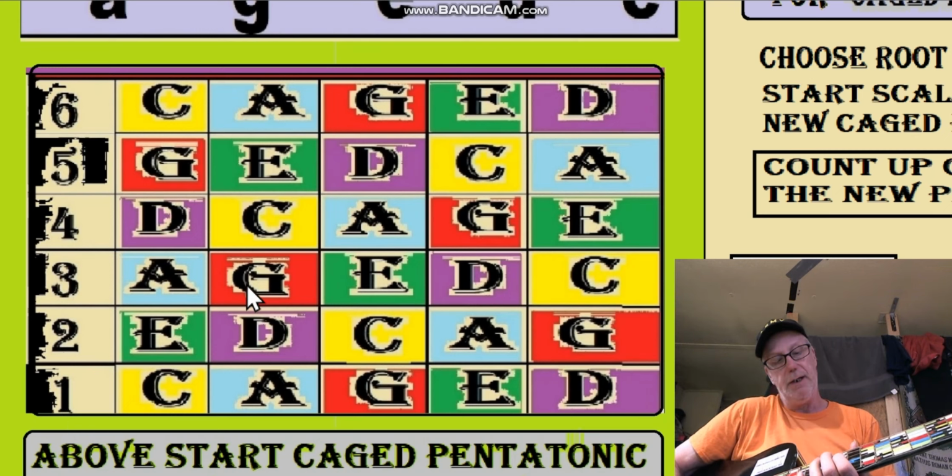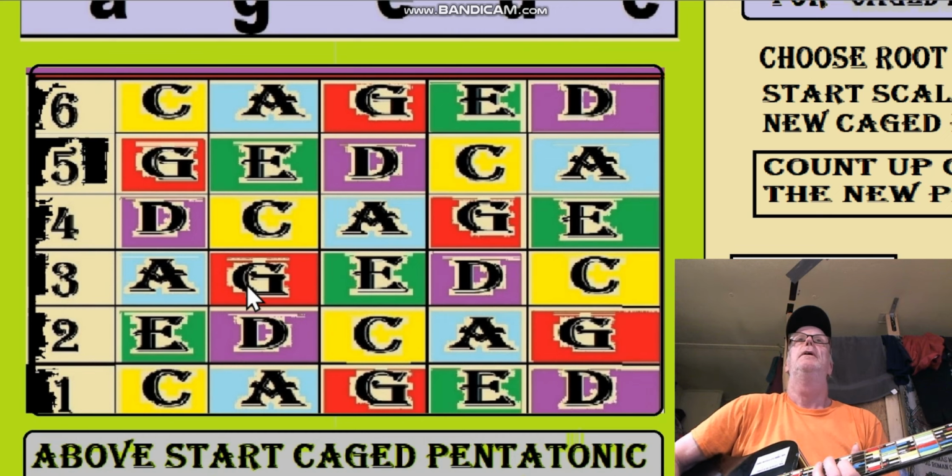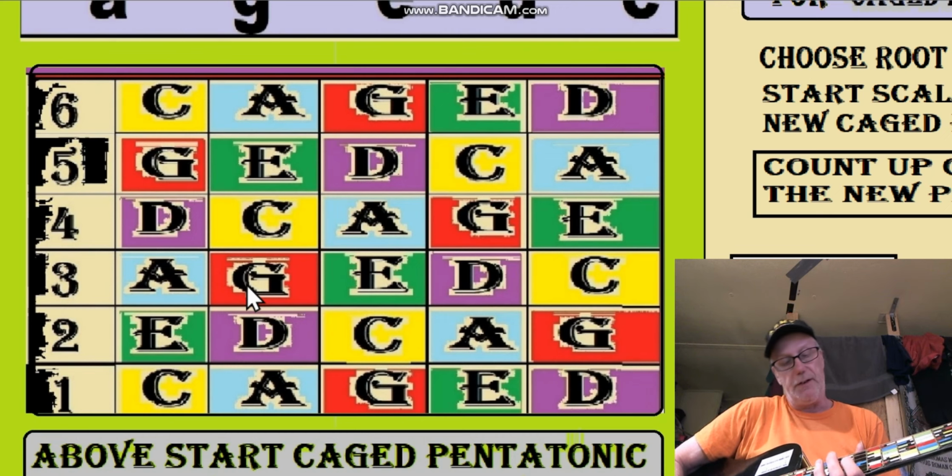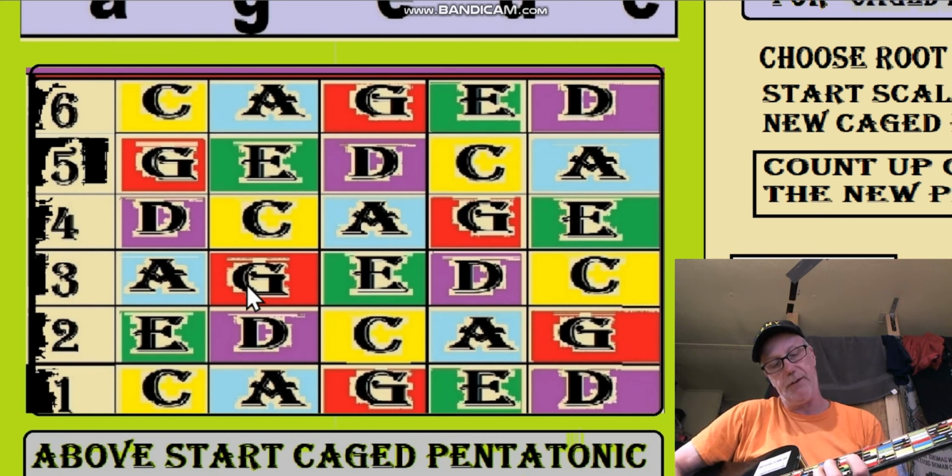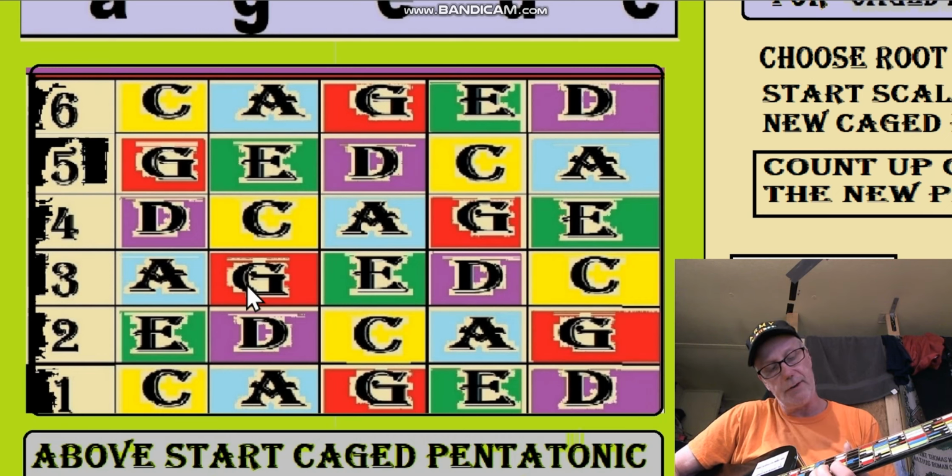Watch this. Now we know the A shape. What is it? It starts on the fifth. It goes 5, 6, 7, 2. Now it has to warp up. Did we start it on the third string there? A shape. Okay, second string. Third string. 5, 6, root, 2. That's your A shape.